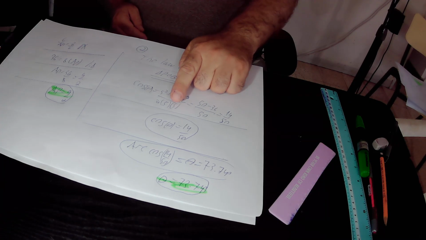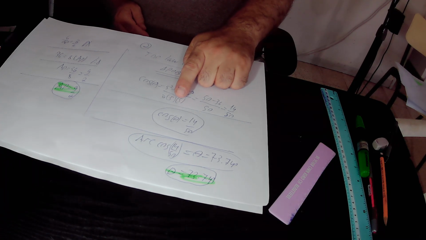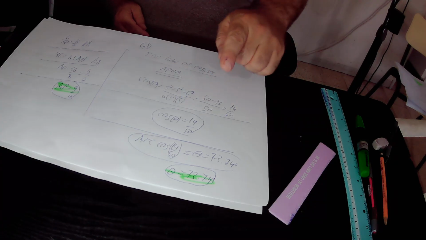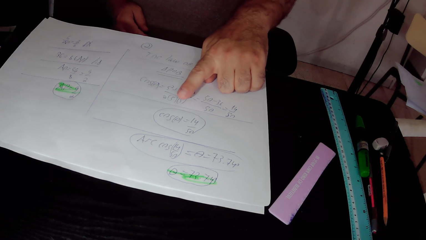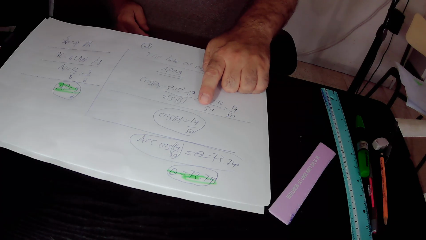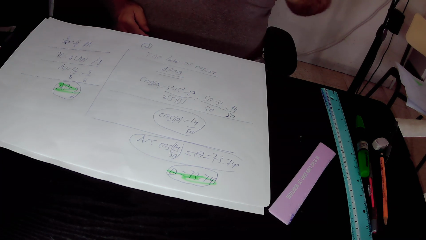So when we operated the function cosine on theta, the result is 14 over 50. In order to cancel out the operation of cosine, we have to operate the inverse function of cosine, that is arc cosine, on the result. In this way, we get angle theta itself.